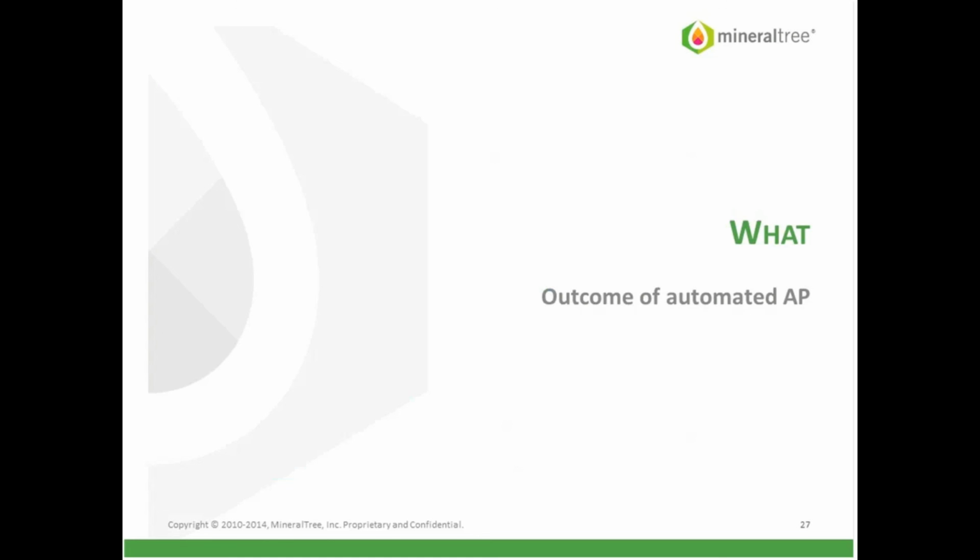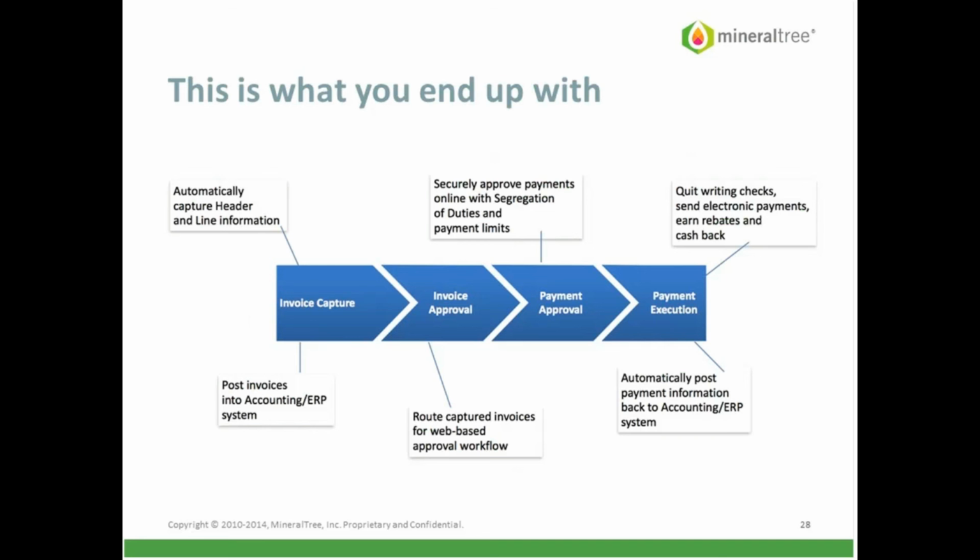So in terms of what the ultimate outcome is, going from that kind of ad hoc, riskier process, this is where you end up: automating, capturing the invoices themselves, being able to route those invoices for approval automatically, being able to do some of the coding on those invoices automatically based on different coding rules and things like that.